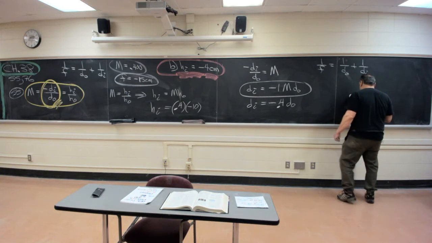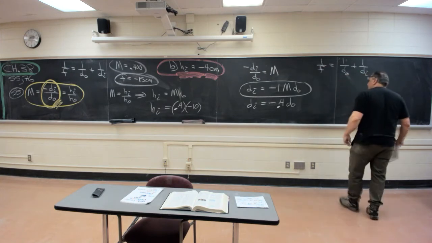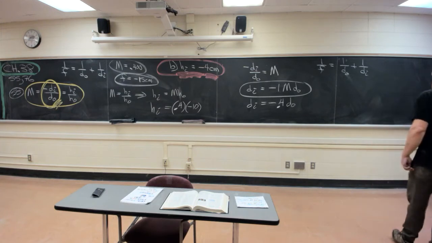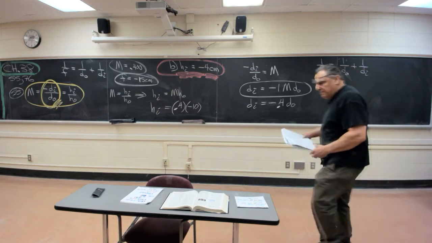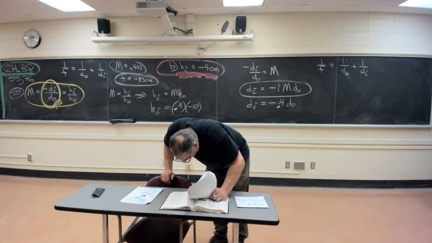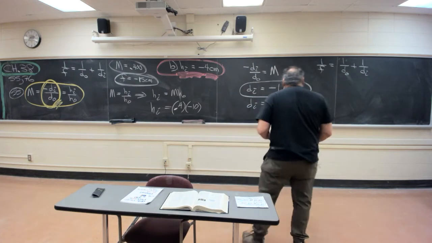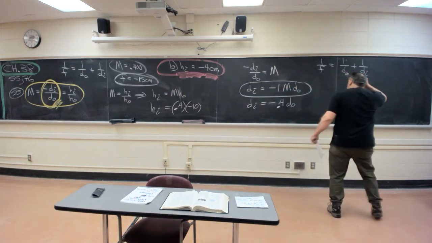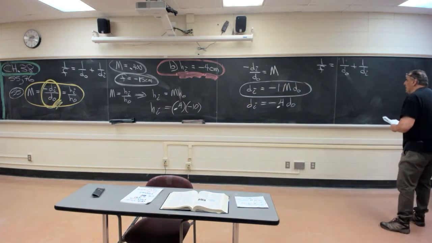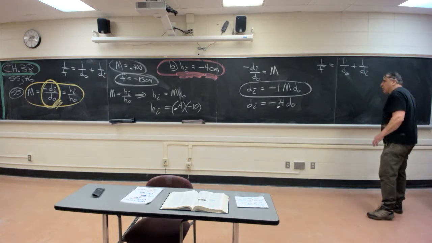Let's talk. 1 over f. There's a lot you can say here. You're trying to find, let's go back to it, how far is the object from the lens? We're in business. There's a lot of ways to go here. Your call on this one, guys. We know what the focal length is.